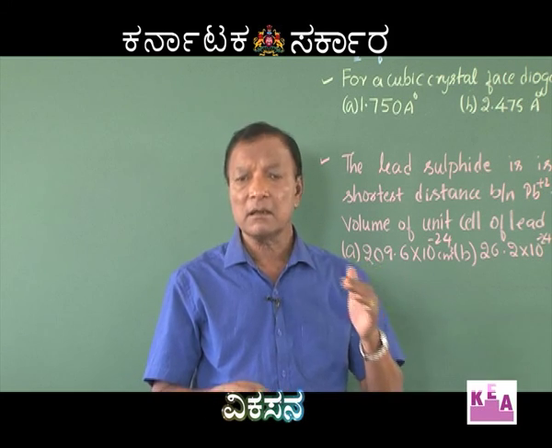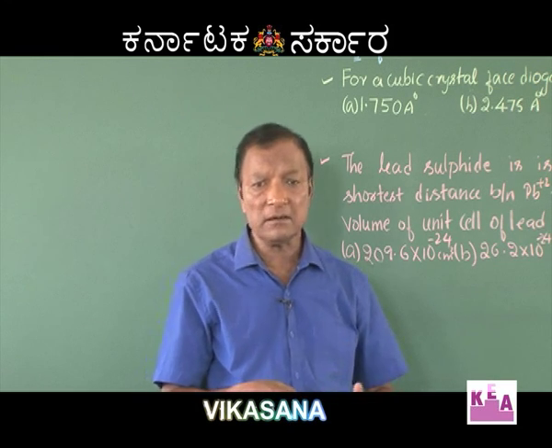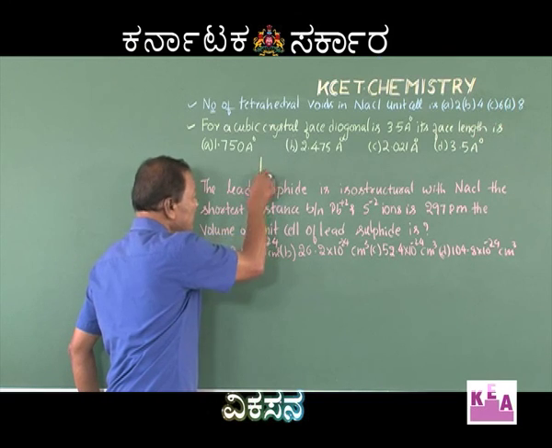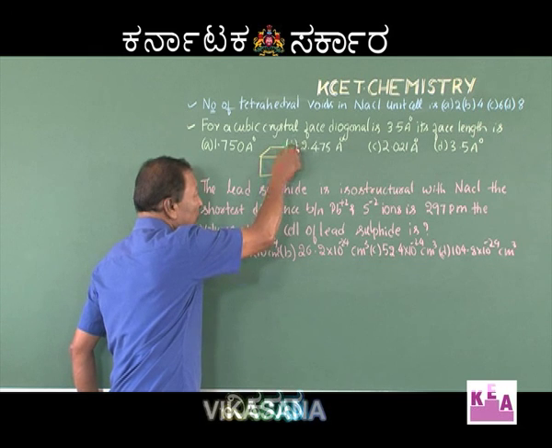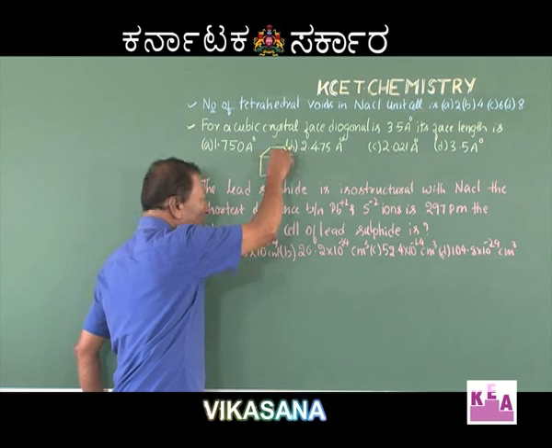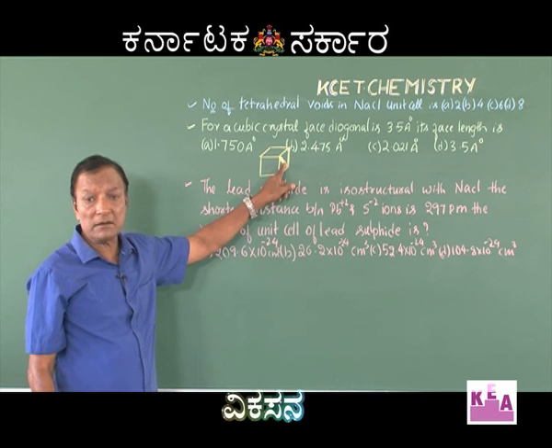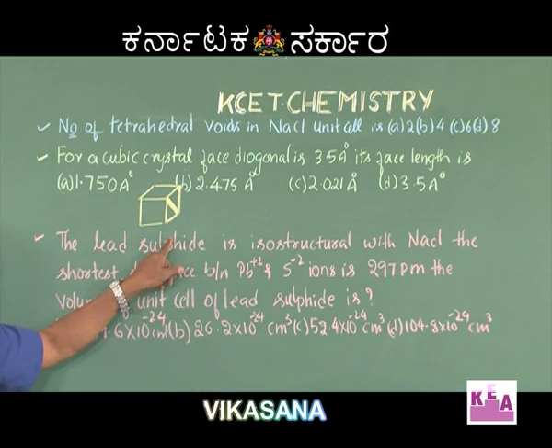This is quite familiar to you in the theory part, where in the face-centered cubic unit cell, when we take the face diagonal, it is nothing but root 2 times the face length.